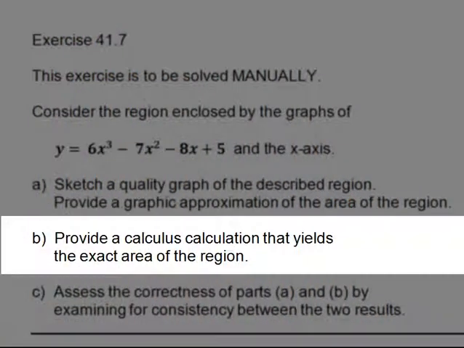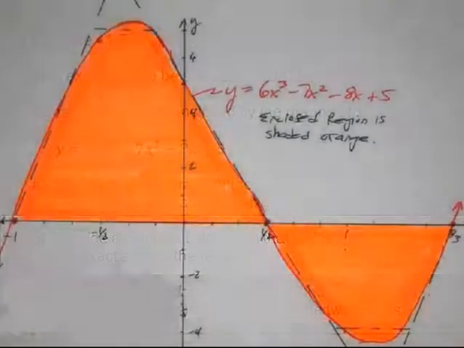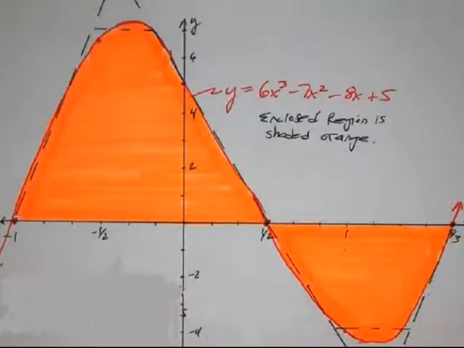Part B. Provide a calculus calculation that yields the exact area of the region. Using calculus to calculate the area of a region will mean first slicing up the region, then seeing if it's convenient to formulate the area of a slice, and if so, sum up those slice areas with a definite integral. So let's start by slicing with the most popular choice, and that is a thin vertical rectangle.